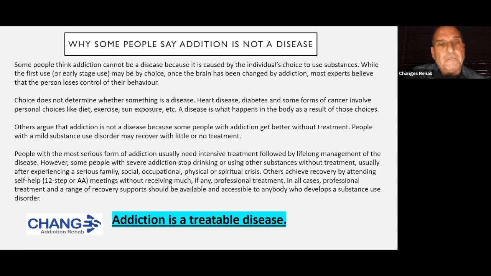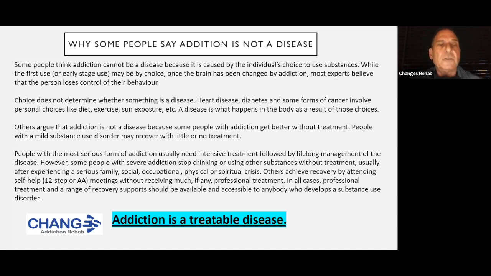Next slide. Okay. Why do some people say addiction is not a disease? Some people think addiction cannot be a disease because it's caused by the individual's choice to use the substance. While the first use or early stage use may be by choice, once the brain has been changed by addiction, most experts believe that person loses control of their behavior.